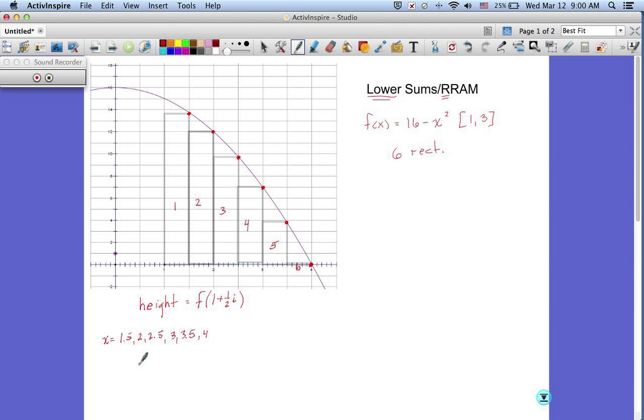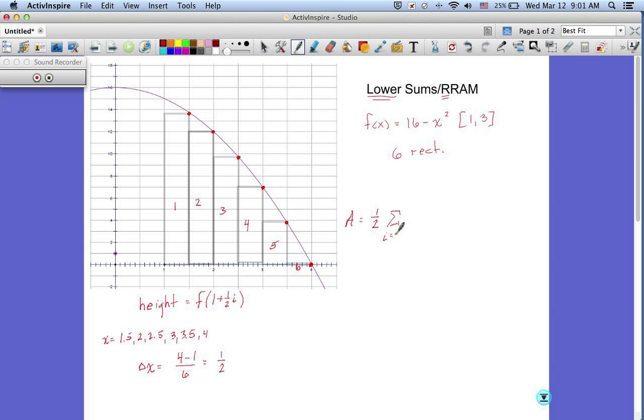And of course, our width, our delta x, has not changed. It's still a span of 3, 4 minus 1, over 6 rectangles, which gives us a width of 1/2. So we're going to jump right into sigma notation since we've already talked about how LRAM is used with sigma notation. We're going to say our area is our width times our height.